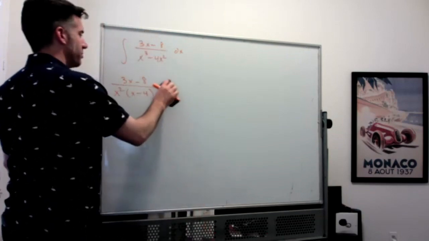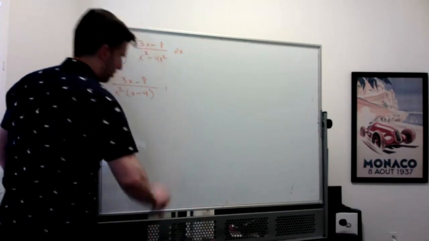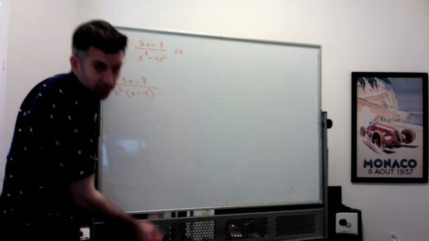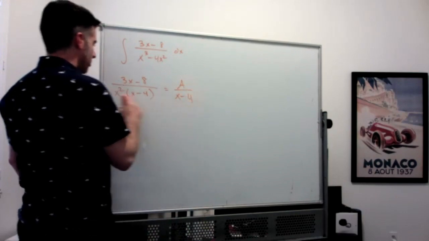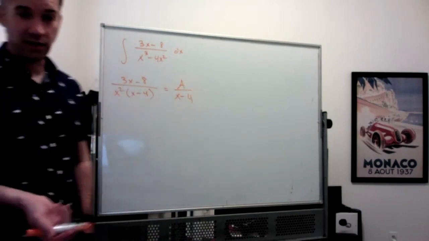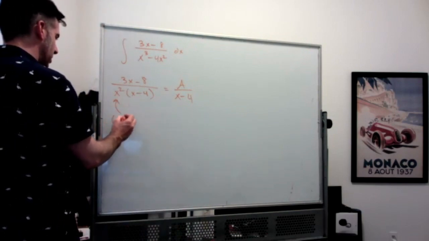Now here's the deal. The x minus 4 is fine. Right, this is A over x minus 4. But this x squared is actually a repeated linear factor, right? This x squared is really x minus 0 squared.